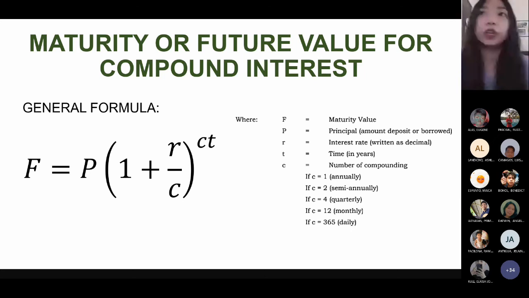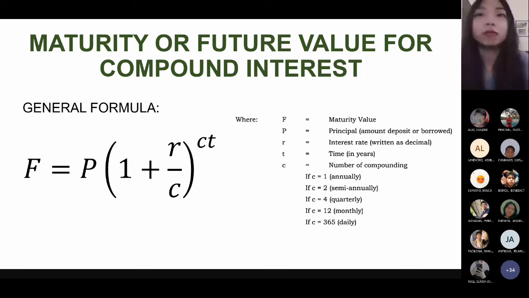Our principal amount, of course, this is the initial amount or yung mismo talagang amount na i-deposit mo and na hiniram if in terms kapag nag-loan ka or nangutang ka. And then yung R natin, that is still the interest rate. Of course, decimal form pa rin yung default natin dito. And then we have the time muna. So siya yung naka-exponent dun sa ating 1 plus R over C raised to CT. So yung time natin dito, of course, dapat in years pa din.